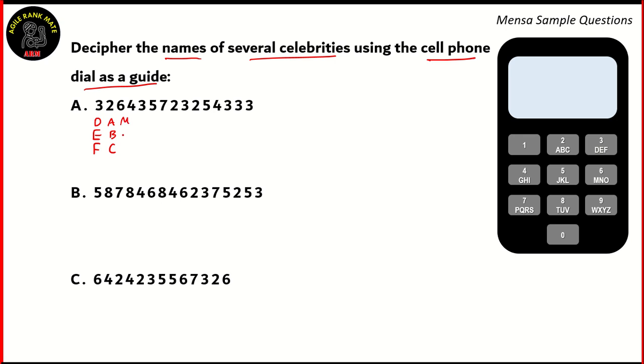Going by the same methodology, 6 would stand for M, N, O, 4 would stand for G, H, I, then 3 would stand for, again, D, E, F. 5 would stand for J, K, L. 7 would stand for P, Q, R, S. 2 would stand for A, B, C. 3 would stand for D, E, F. 2 would stand for A, B, C. 5 would stand for J, K, L. 4 would stand for G, H, I. 3 would stand for D, E, F, of course. We'll just repeat that thrice because there are 3 3s at the end.